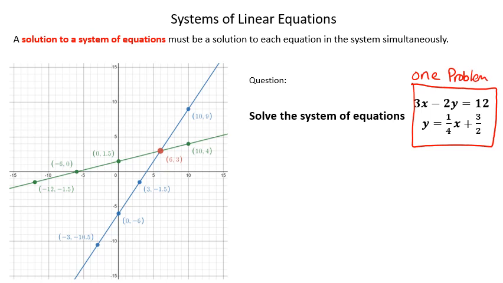It has two equations, but the answer to this one problem is going to be the one solution that works for both equations. And that's that guy right there. X equals 6, y equals 3. So if we plug a 6 and a 3 into the first equation, we get a true statement. If we plug a 6 and a 3 into the second equation, we also get a true statement.